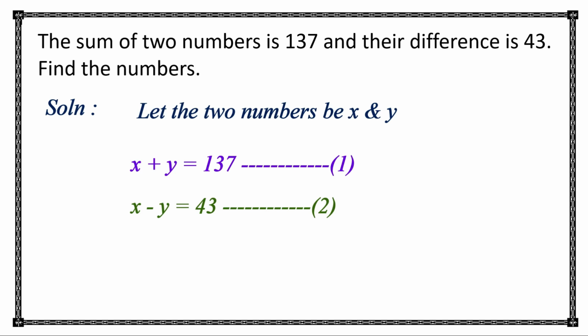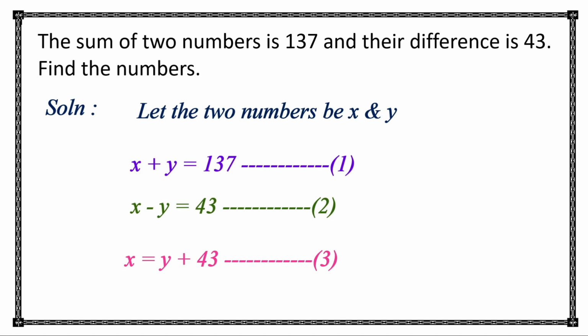Now equation number 2 can be written as x is equal to y plus 43, because I am sending minus y to RHS, so it becomes plus y. x is equal to y plus 43. Assume this as equation number 3.